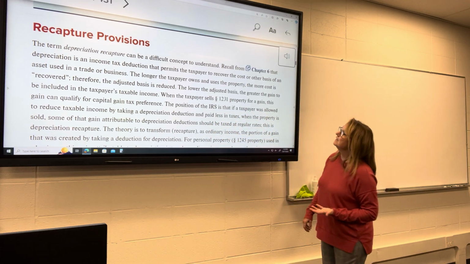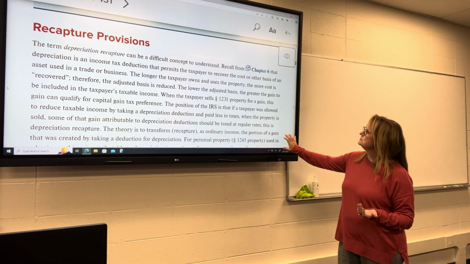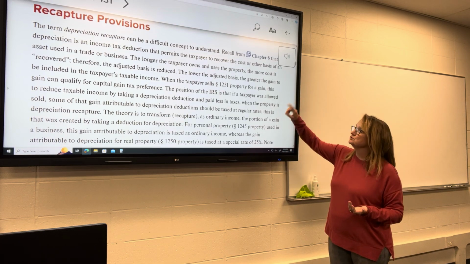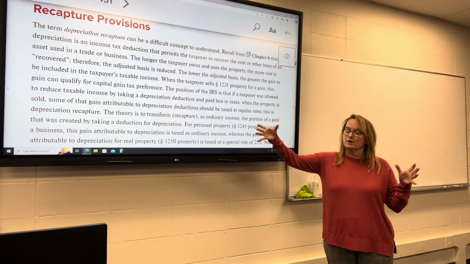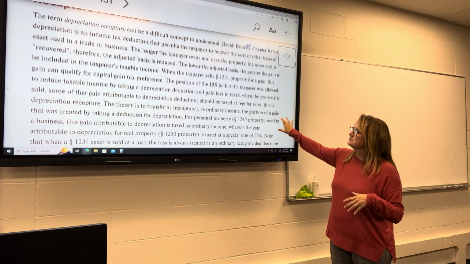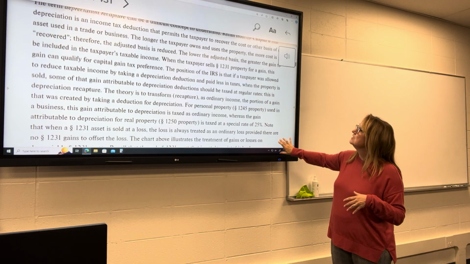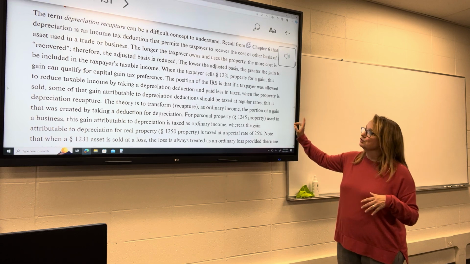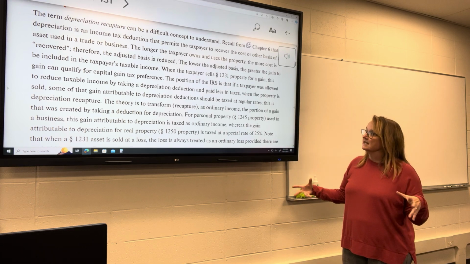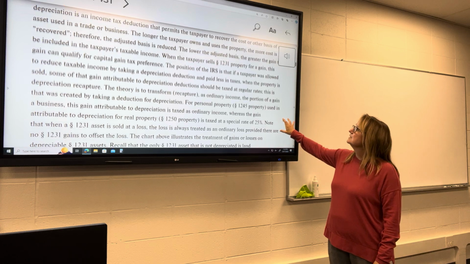Okay? So the longer the taxpayer owns and uses the property, the more cost is recovered in the form of depreciation. So that adjusted basis is reduced. The lower the adjusted basis, the greater the gain, if there is a gain, that would be included in taxable income.